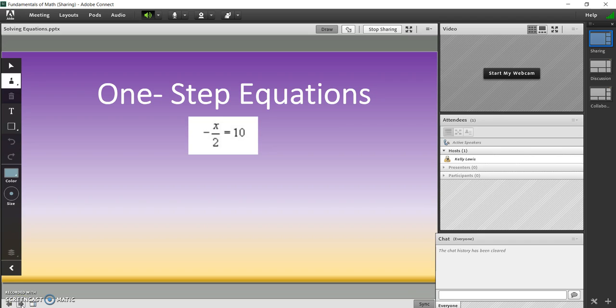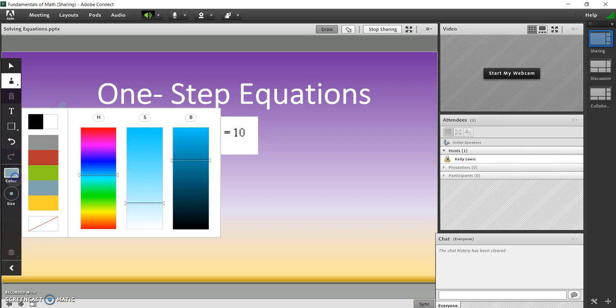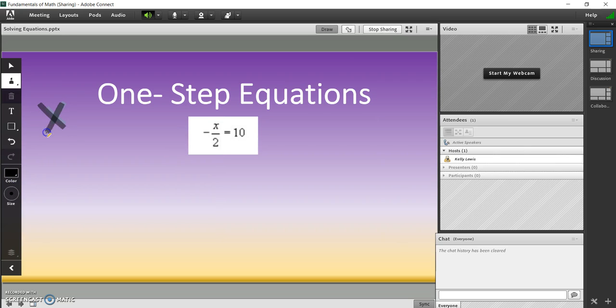Okay, here, this x, we can think of it as x divided by negative 2 equals 10. That's the same as negative x over 2 equals 10. That negative sign can be with the x, on the side, or with the 2. It's all the same.